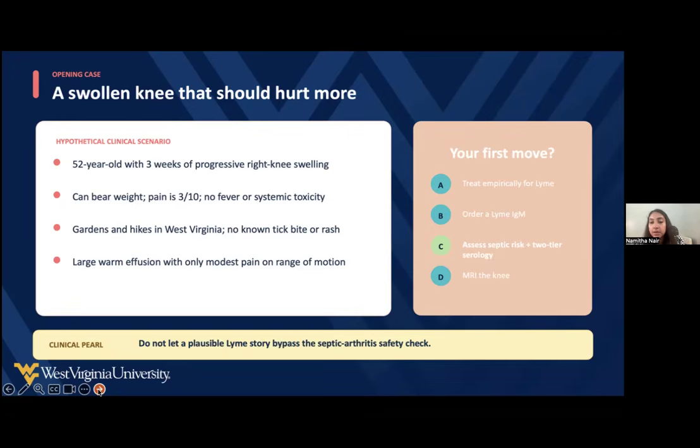A septic arthritis safety check needs to be performed. If you skip this and start treating for Lyme without ruling out septic arthritis, it could worsen going forward. So just because your suspicion is high, please do not forget to rule out septic arthritis.